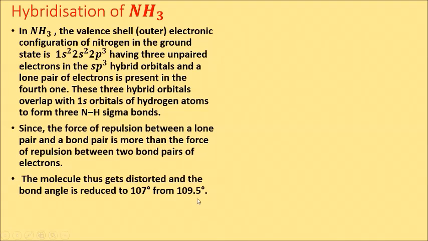The 109.5 was for the tetrahedral geometry, and because of the lone pair in the ammonia molecule, the geometry is distorted and reduced to 107 degrees between the bonds. So the geometry of such a molecule is pyramidal in shape. It's not tetrahedral, it's pyramidal.